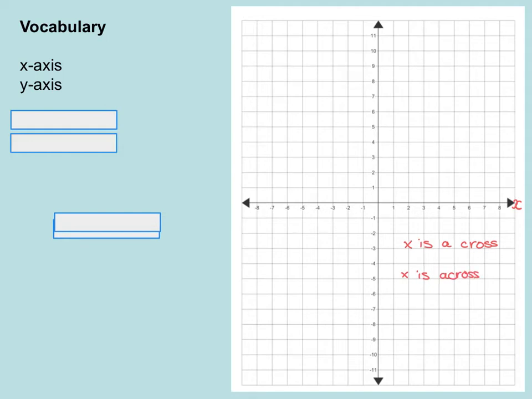And then up at the top on this axis that runs up and down the way, we write y in there. So y is up, y's up. A couple of little tricks there to help you get those round the right way. X is across and y's up.